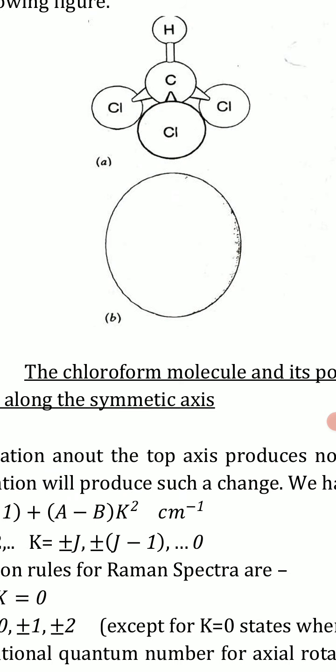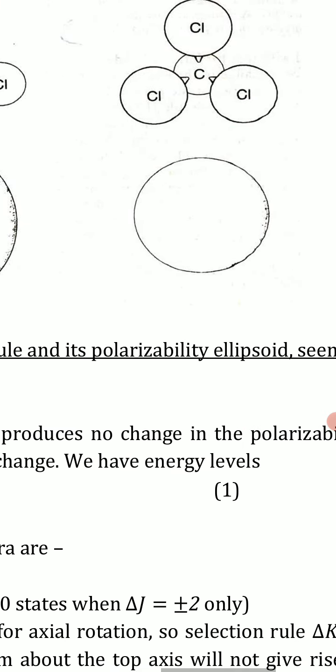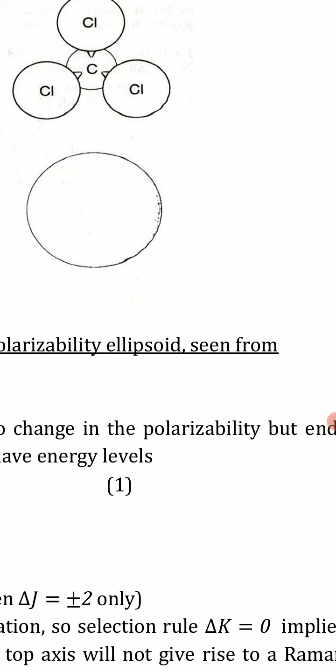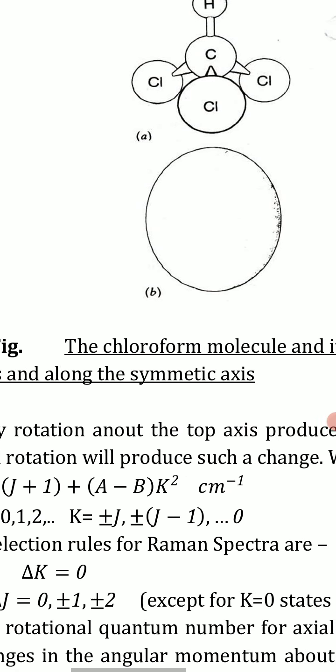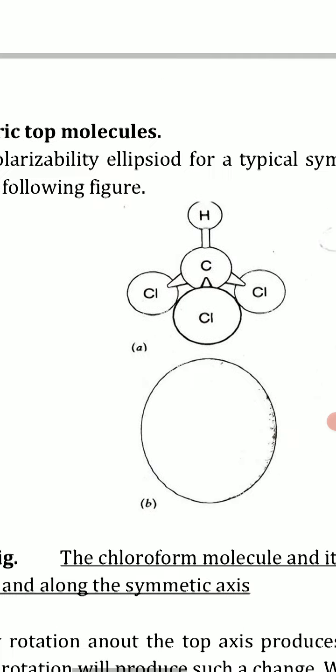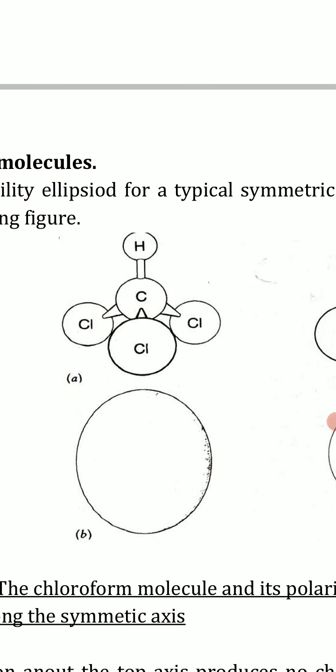The chloroform molecule and its polarizability ellipsoid seen from across and along the symmetric axis. Symmetric axis is the line joining C and H. So this line CH is symmetric axis.